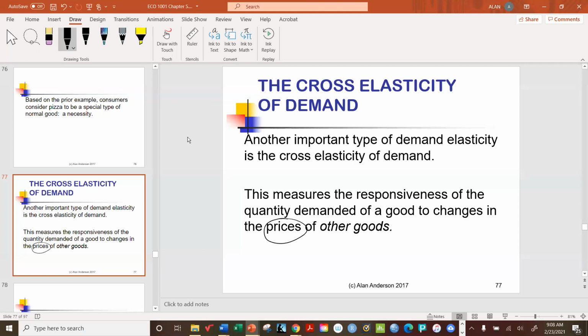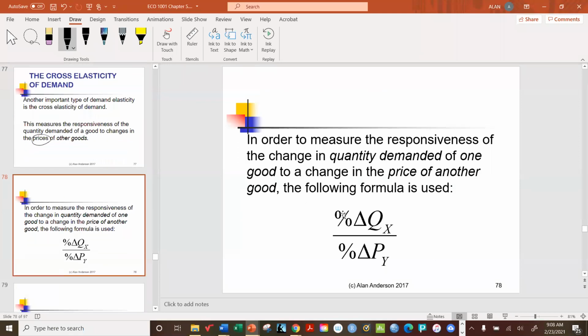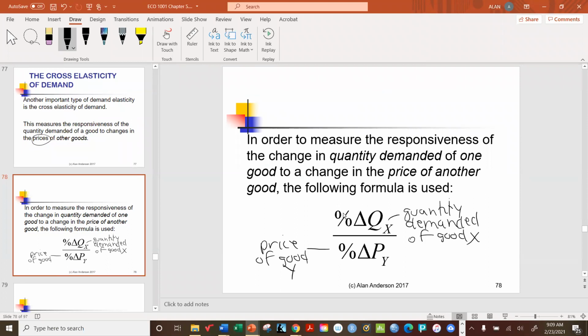All right, let's see how this works. Now here, I've got subscripts for the first time. The reason why you have to do this is because I want it to be clear that this is the quantity demanded of good X, and this is the price of good Y. Now there's another good, not the same good, which is what we had with the price elasticity of demand.